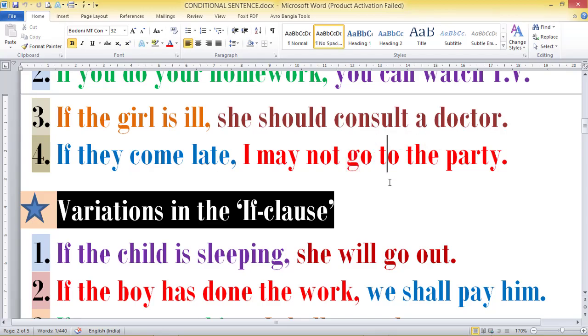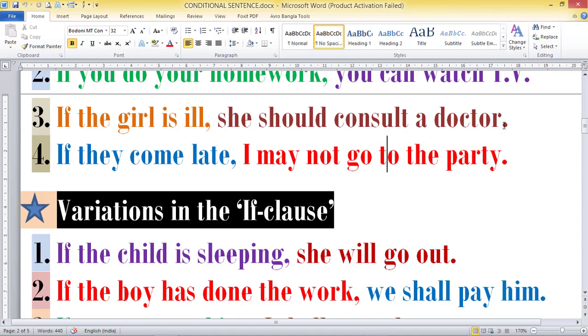So to express possibility, we have used may. So this is permissible in the main clause. Apart from future indefinite, we can use different forms of tense in the main clause in case of conditional sentence type 1.